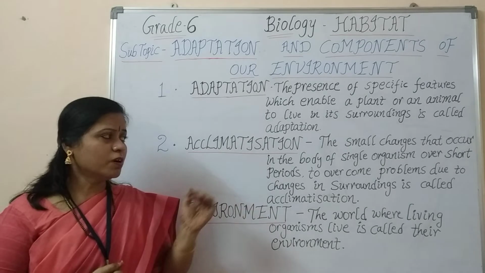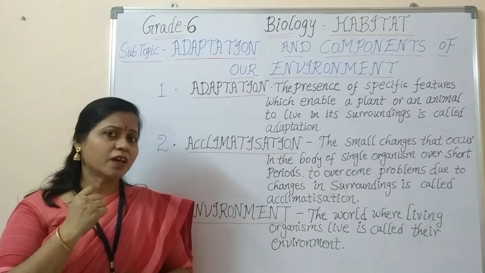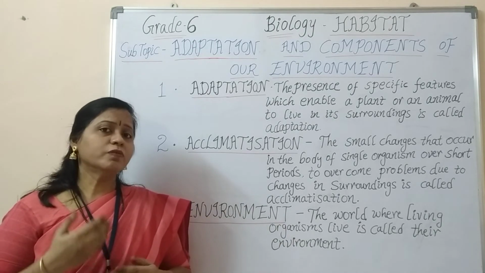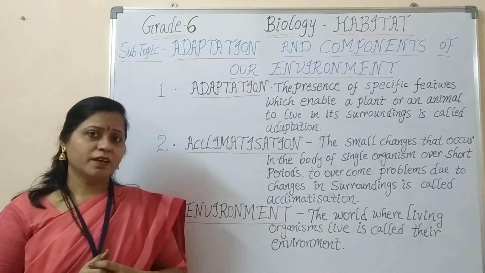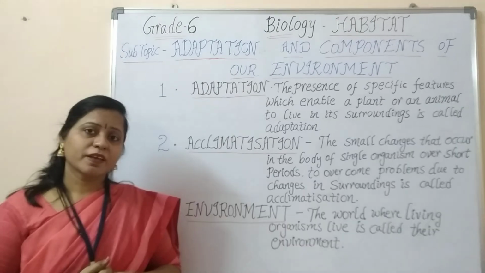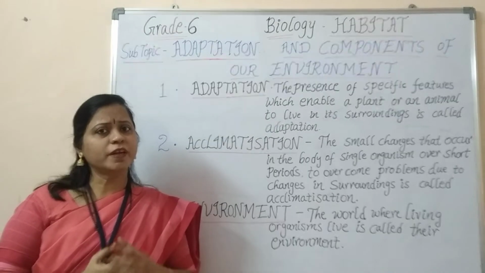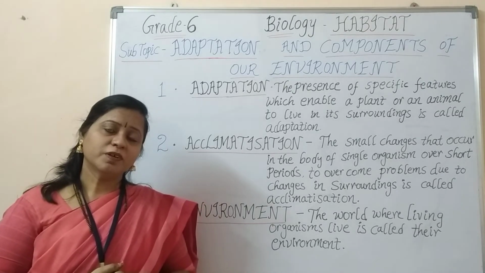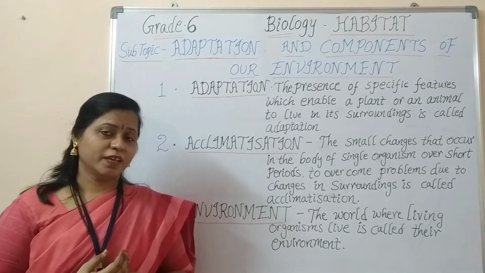The small changes that occur in the body of a single organism over a short period to overcome the changes in the surroundings are called acclimatization. So acclimatization occurs for a short period of time, whereas adaptations occur over thousands of years.